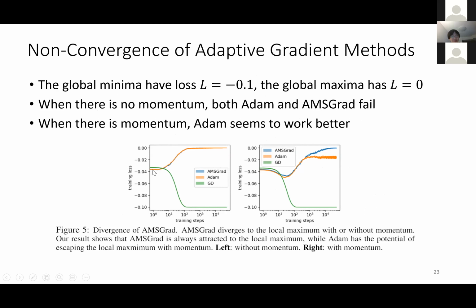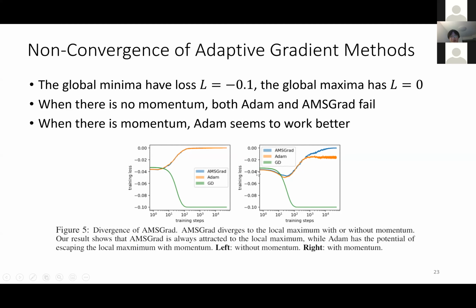When there is no momentum, both Adam and AMSGrad converge to the local maximum, while gradient descent converges to the global minimum. On the right, for completeness, we also show the case when there is momentum equal to 0.9, which is the standard value.